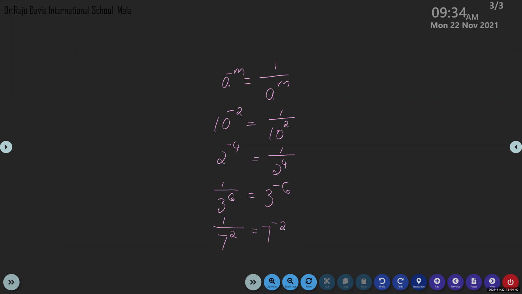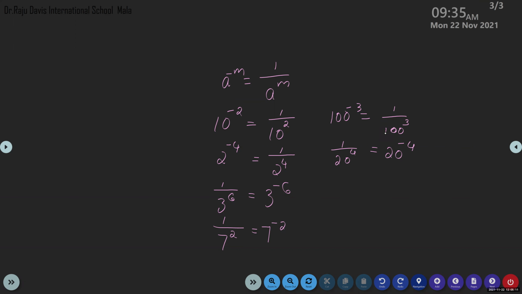Both you have to know. 100 raised to minus 3 is 1 by 100 raised to 3. 1 by 20 raised to 4 can be written as 20 raised to negative 4. When an exponent comes to the numerator from the denominator, the sign of the exponent will change.